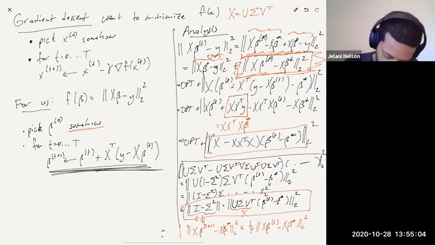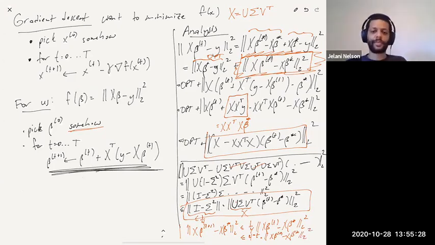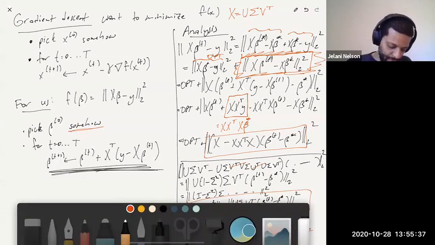So basically I want to say that therefore this is at most 4 to the minus t times ||x beta 0 - x beta*||. So if you run this log 1 over epsilon steps, that 4 to the minus t will basically be epsilon.